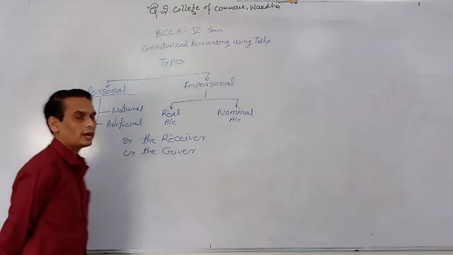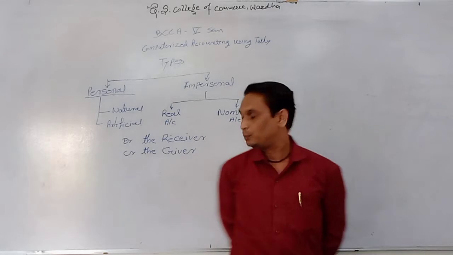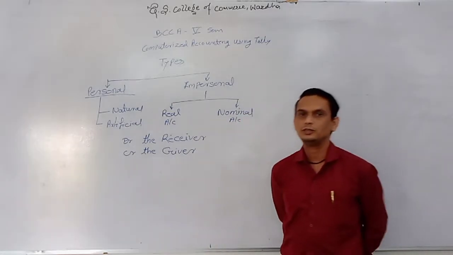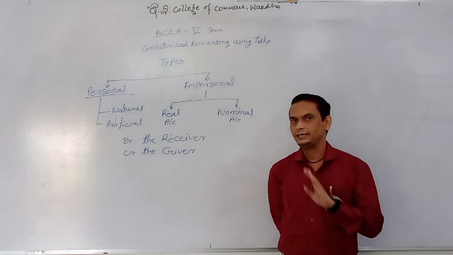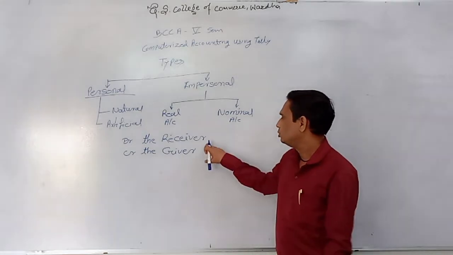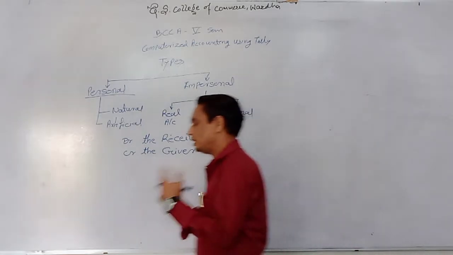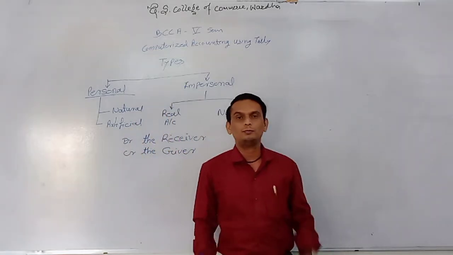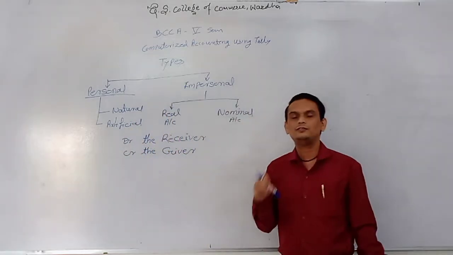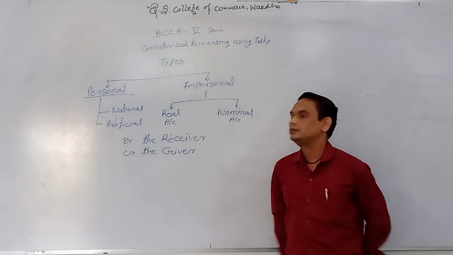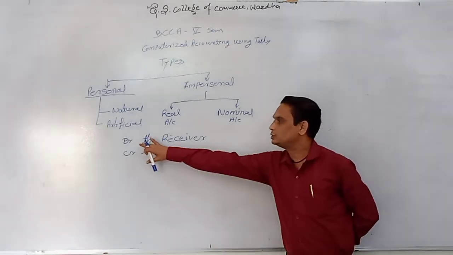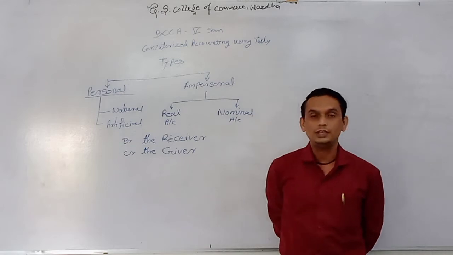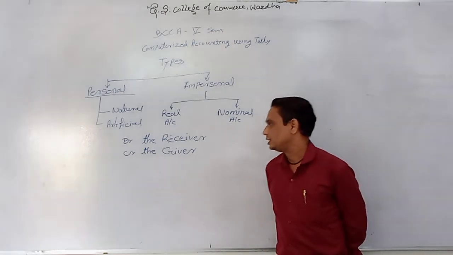Both debit and credit cannot be in one transaction, because someone gives and someone takes. So who accepts the goods, material or any commodities in our transactions is always debited, and who gives it is always credited.